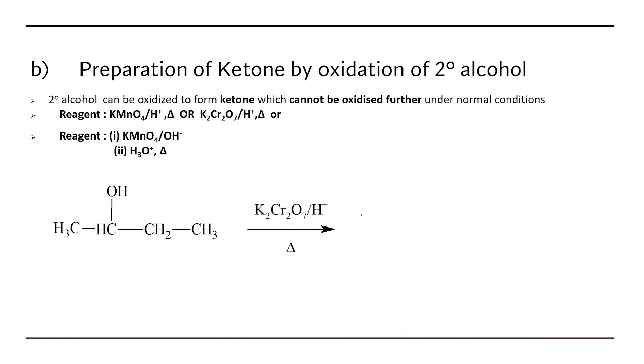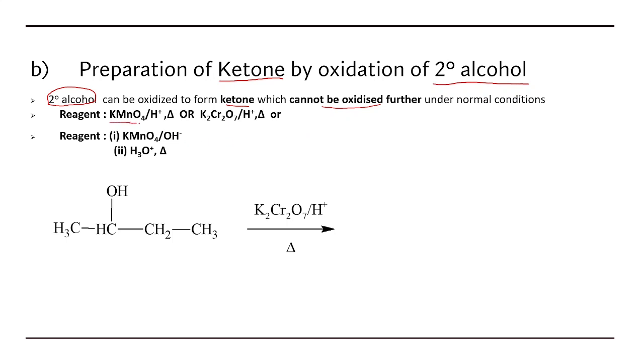Next one, you want to prepare ketone, and you need to use secondary alcohol. Secondary alcohol can be oxidized. You can oxidize secondary alcohol to form ketone, which cannot be further oxidized. It means that you are going to use a strong oxidizing agent.